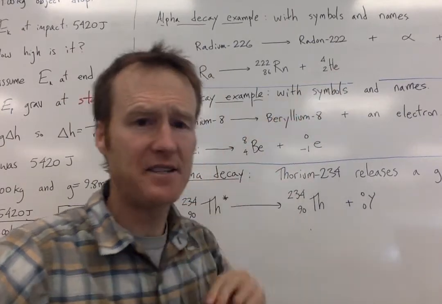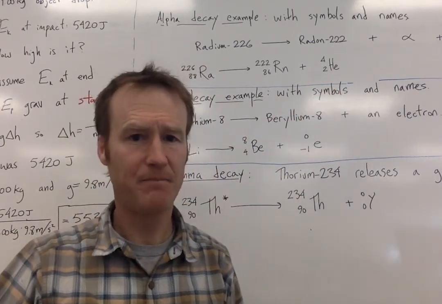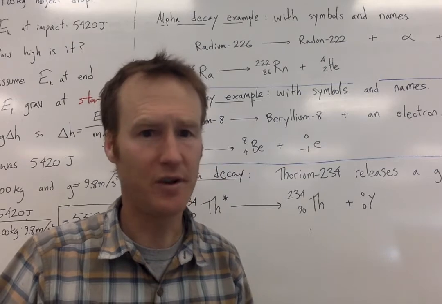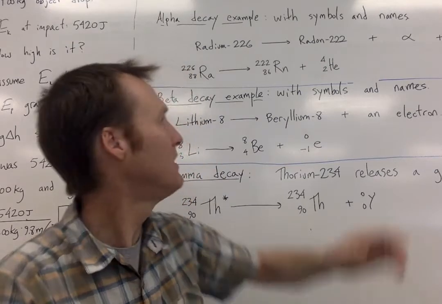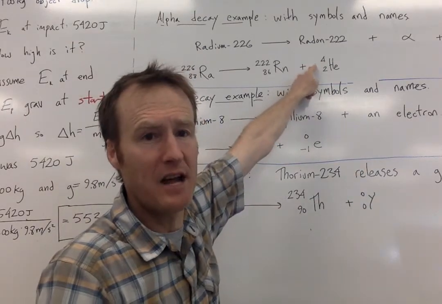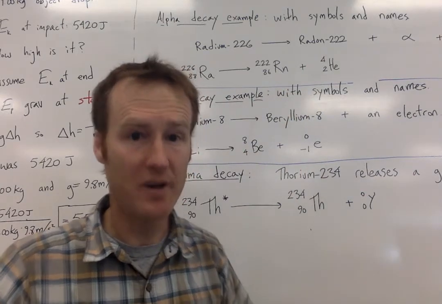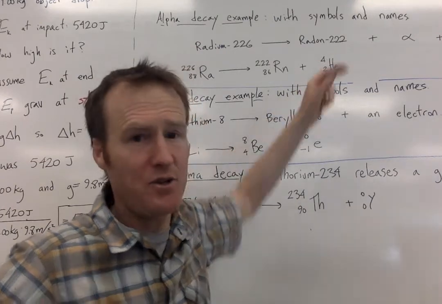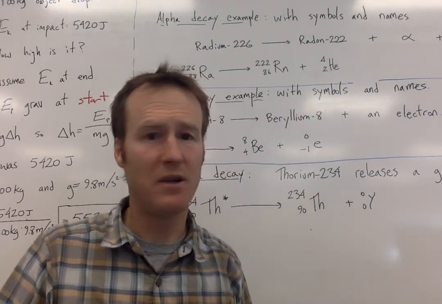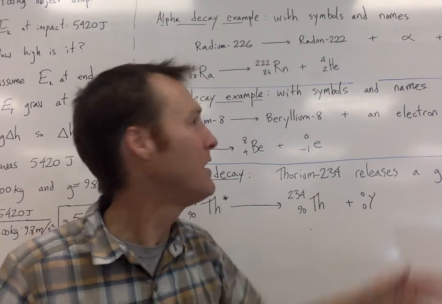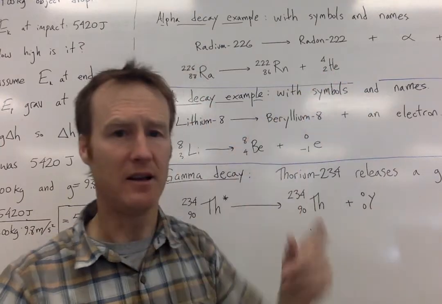How did it get that symbol? Well, helium is He. Every helium nucleus has 2 protons and 2 neutrons. So its mass is 4. That accounts for the 4 up there. And every helium nucleus always has 2 protons. So that 2 is always going to go there. If you know the element, you can always fill in that number at the bottom left.